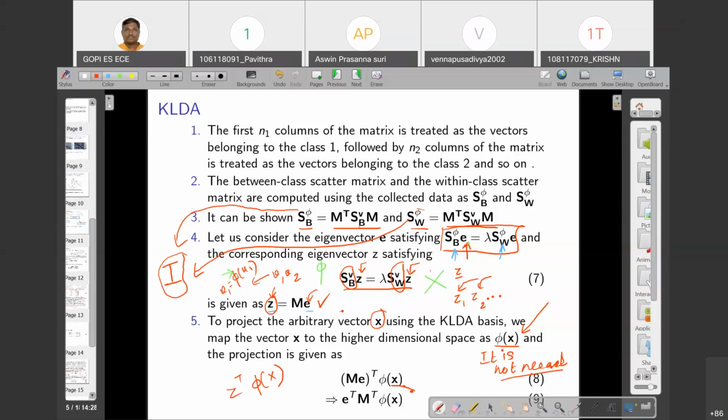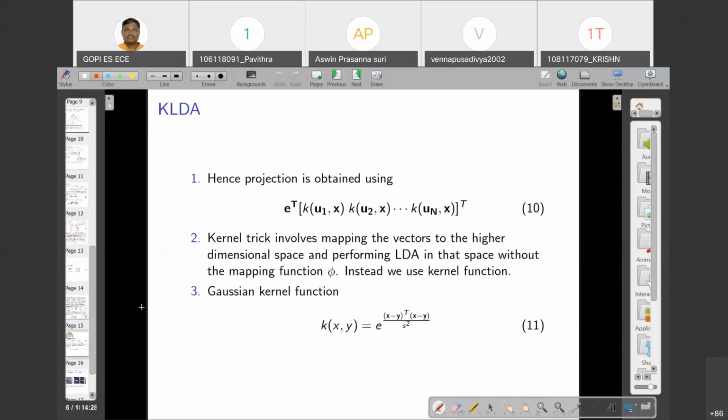What is more interesting is this part: M transpose phi of x. What is it? M is nothing but V1, V2, and so on up to V of n1 plus n2 plus n3, and V1 is actually the vector in the higher dimension, which is phi of x1, phi of x2, and so on up to phi of x of n1 plus n2 plus n3.